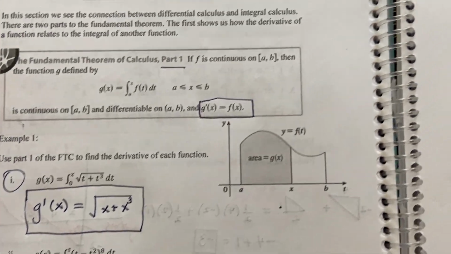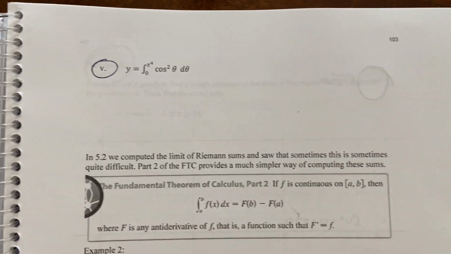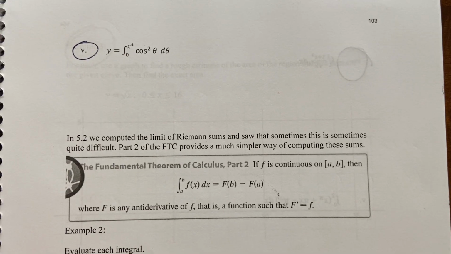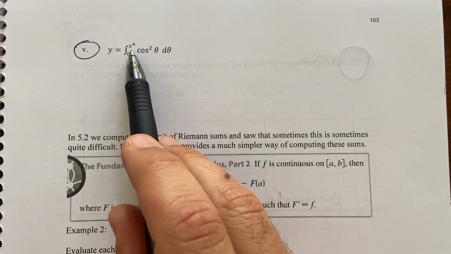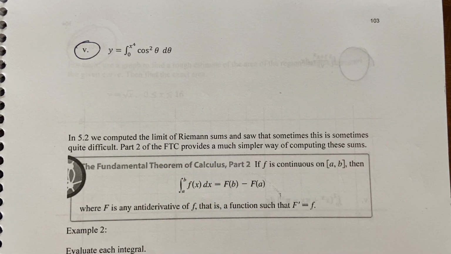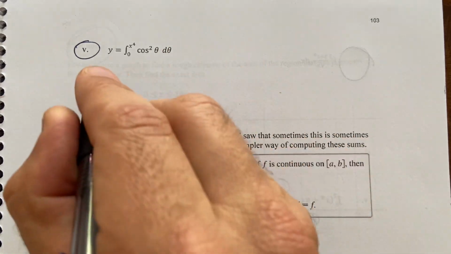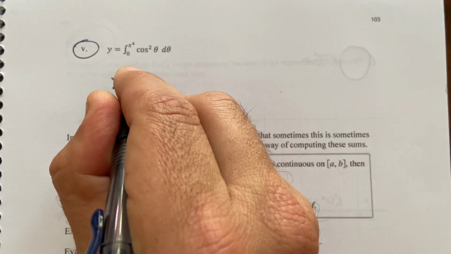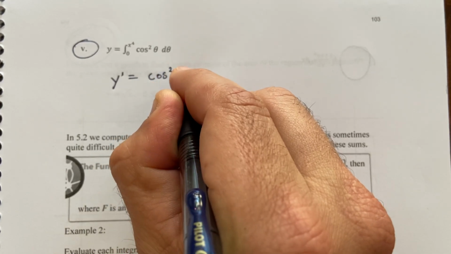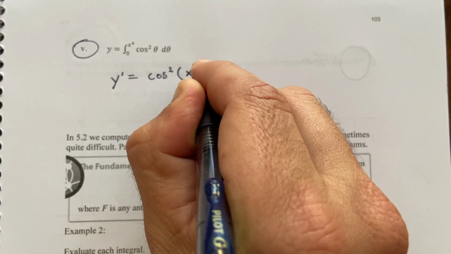So I'll go to part 5 over here, actually, on the next page. What if we're not just plugging in x, but what if we're plugging in x to the 4th? So what if we're going to x to the 4th rather than just x? How does that work? So y prime would be equal to cosine squared of x to the 4th.